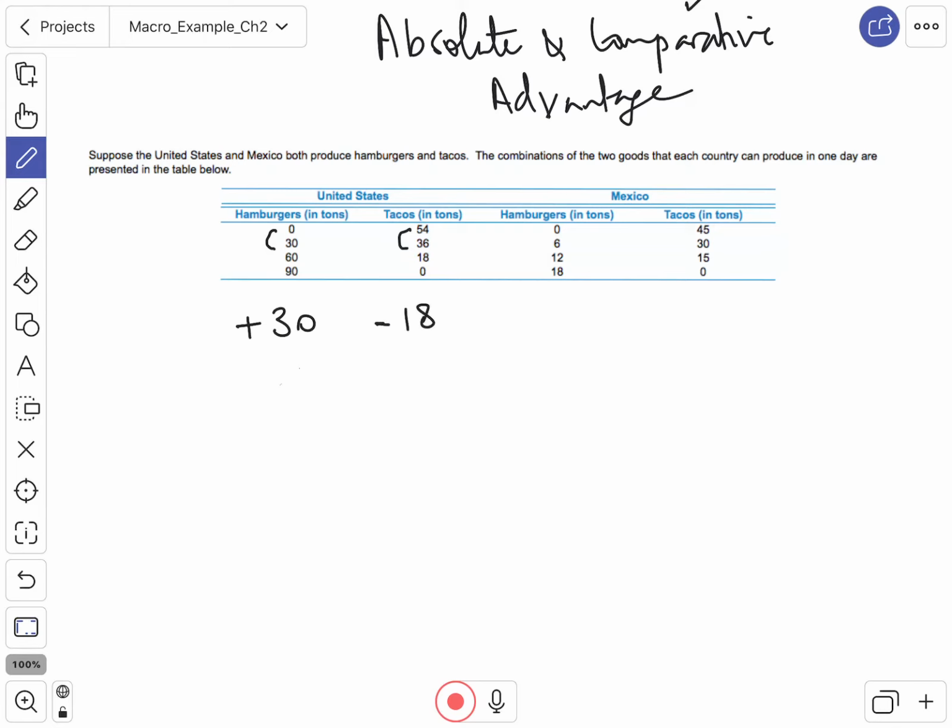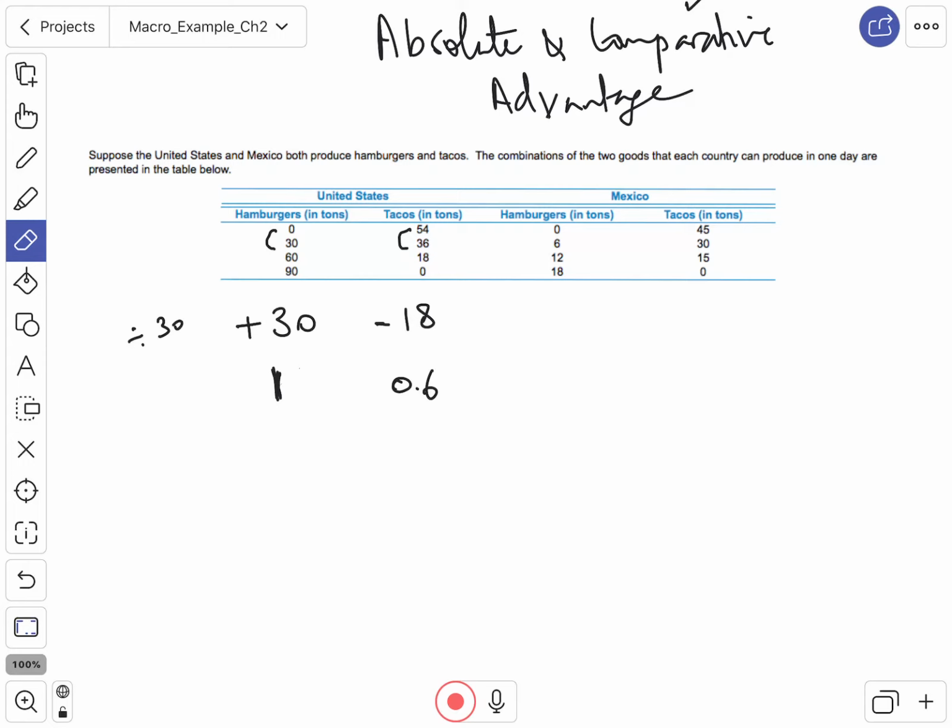If you divide both sides by 30, you can make it easier by saying that 1 unit implies 18 over 30, which is equal to 0.6. So in order to produce an additional unit of hamburger, USA has to reduce the production of tacos by 0.6. The 0.6 here is not actually negative, but it implies a reduction, okay?